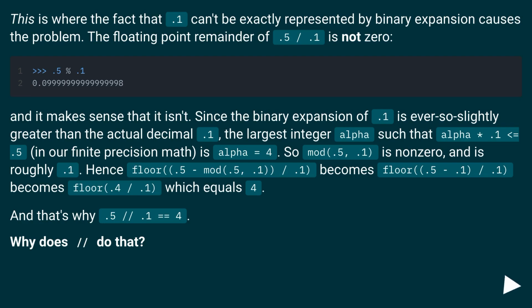So mod(.5, .1) is non-zero, and is roughly .1. Hence floor((.5 - mod(.5, .1))/.1) becomes floor((.5 - .1)/.1), which becomes floor(.4/.1), which equals 4. And that's why .5//.1 equals 4.